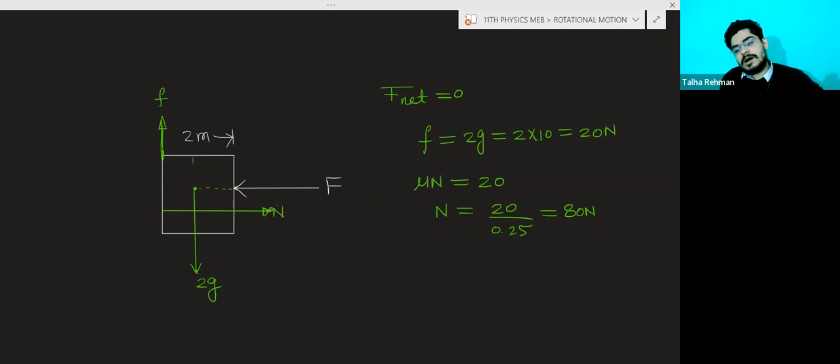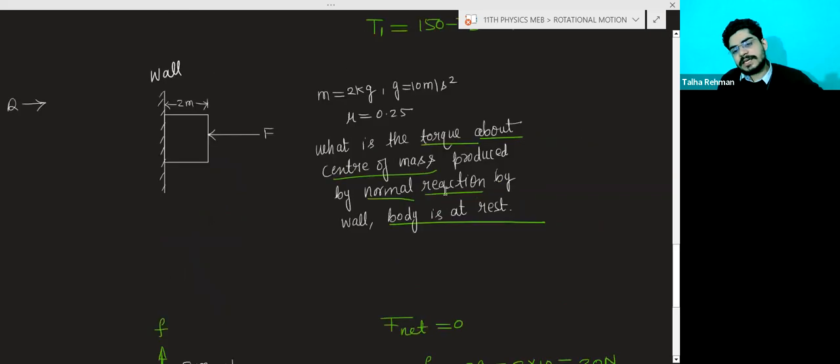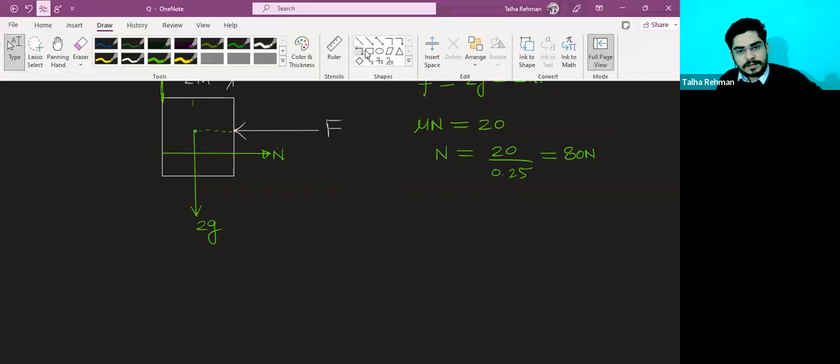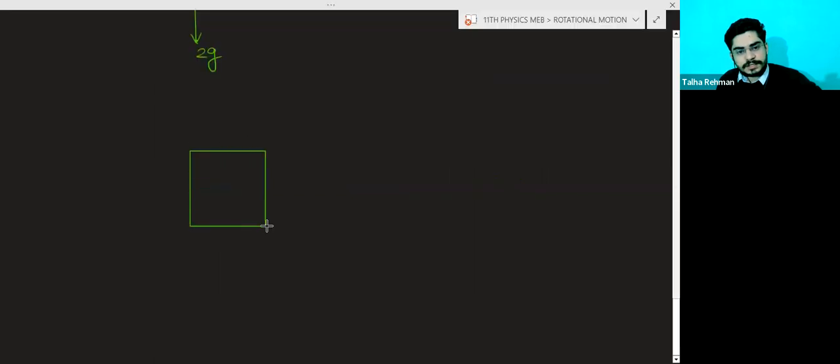Now, in the question they are asking torque produced by the normal reaction about the center of mass. Means about this point we have to find the torque due to normal reaction.